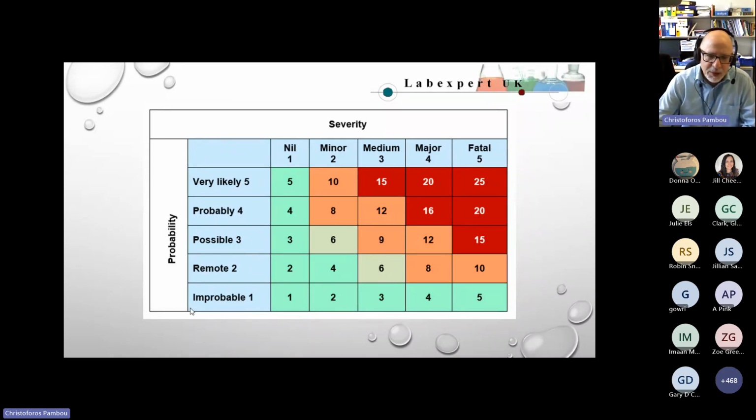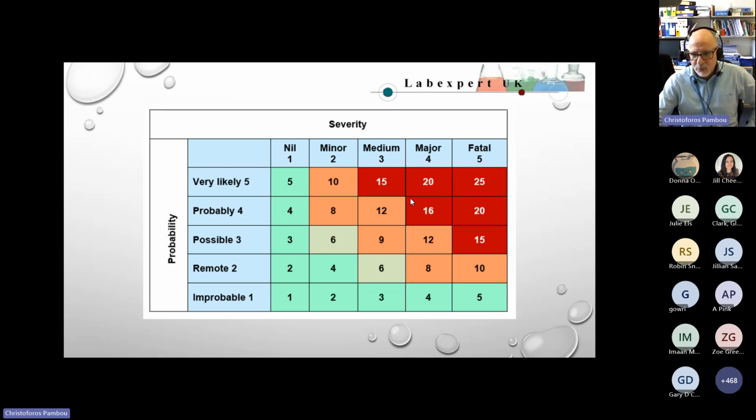So something that's improbable is 1, and severity is 1, and you multiply 1 by 1, you get 1, and therefore you know that's fairly safe to do. And then you go into minor, medium, major, and then fatal.